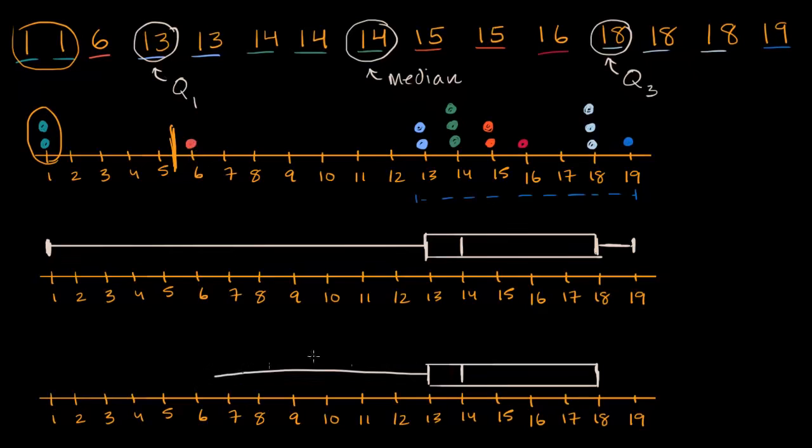So we are going to start at 6 and go all the way to 19. And then to say that we have these outliers, we would put we have outliers over there. So once again, this is a box and whiskers plot of the same data set without outliers. And this is one where we make it clear where the outliers actually are.